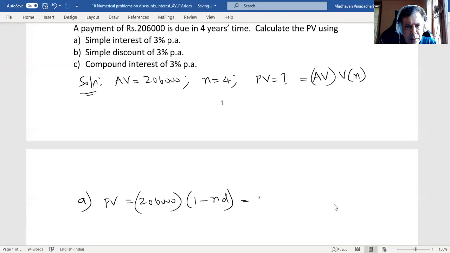So that is 206,000 times 1 minus 4 times 0.03.